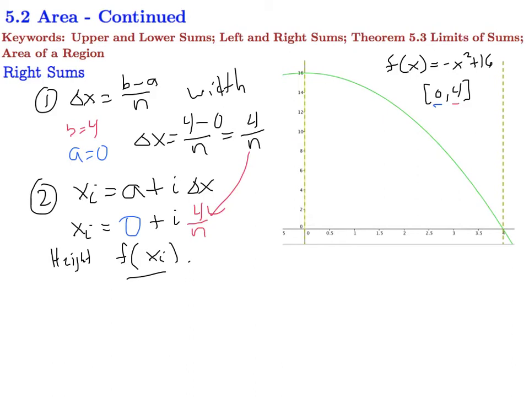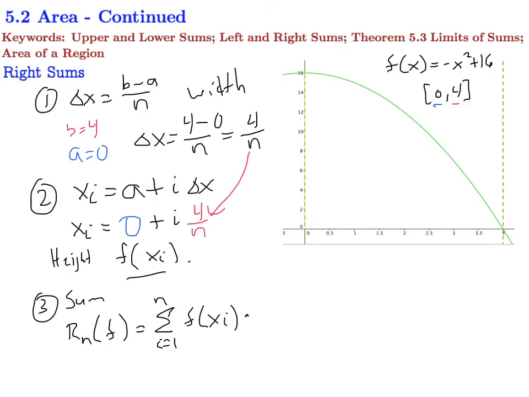So finally, to figure out the sum, we have that R sub n of our function f is going to be the sum from i equals 1 to n of our function at this endpoint, that is the height, times the width delta x. And then of course we want to replace this with our actual stuff.